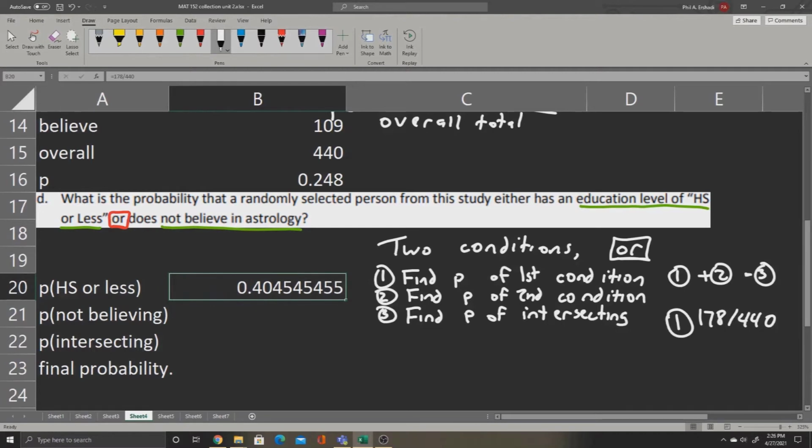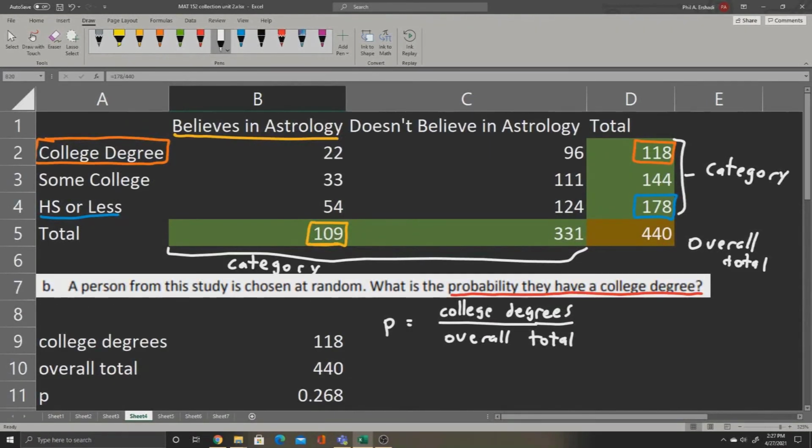Now the second condition, the probability of not believing in astrology. Let's go back to the table. We can see that not believing in astrology is another one of our categories in column C. And we can see at the bottom of this category we have 331.